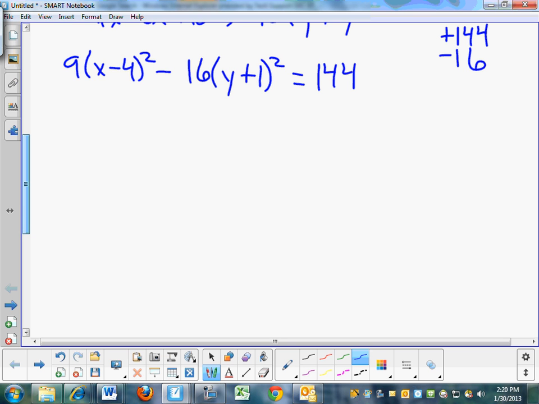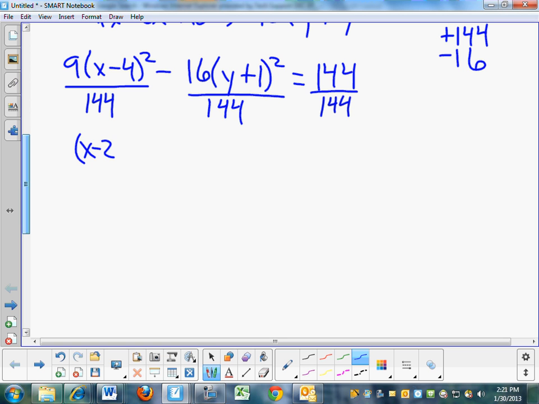Hyperbolas have to be equal to 1. So I divide everything by 144. 9 times (x minus 4) quantity squared over 144. 9 over 144 reduces to 1 over 16.